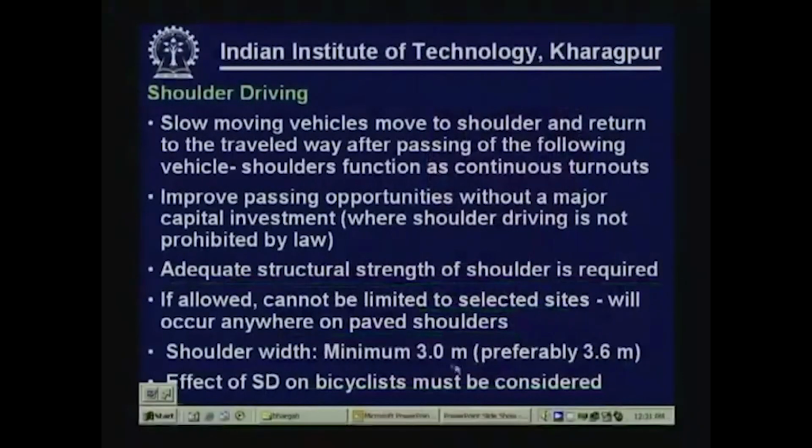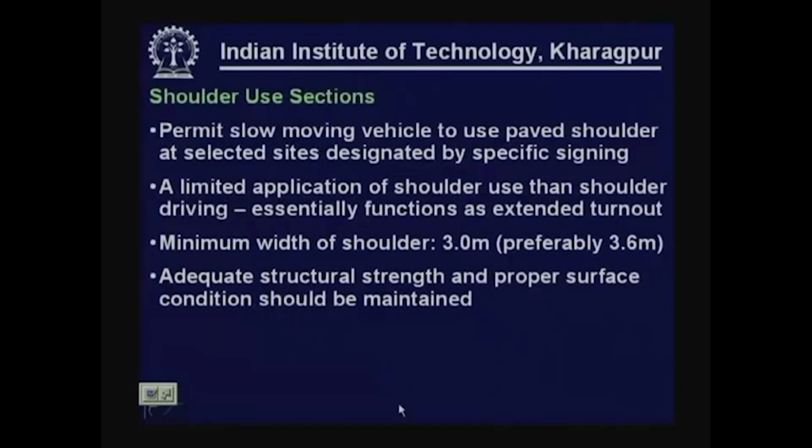So, the points are adequate shoulder strength, minimum width, and effect on bicyclists, and also remember that once it is allowed, it will occur everywhere on paved shoulder. Considering these things, one has to decide whether shoulder driving can be allowed.